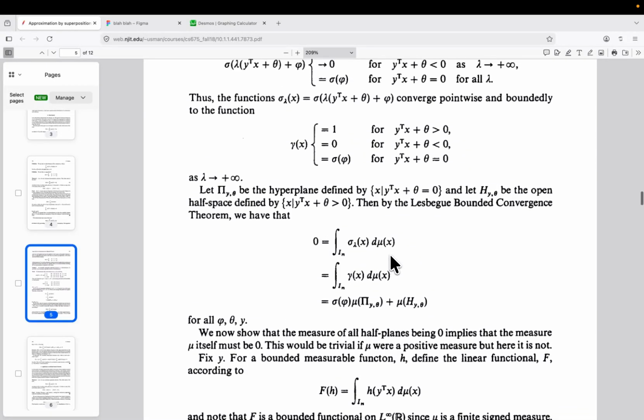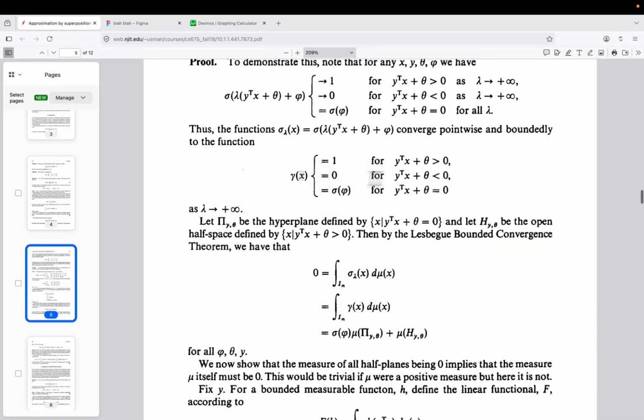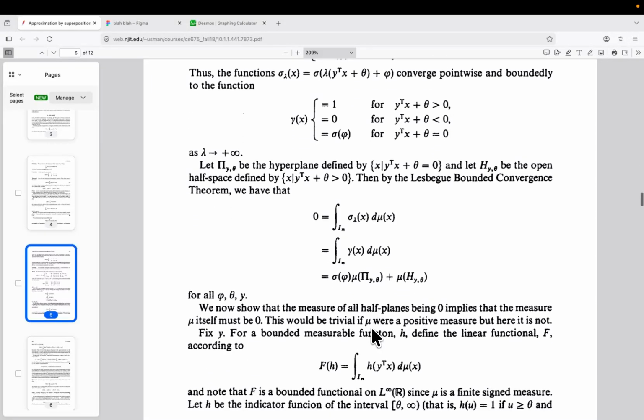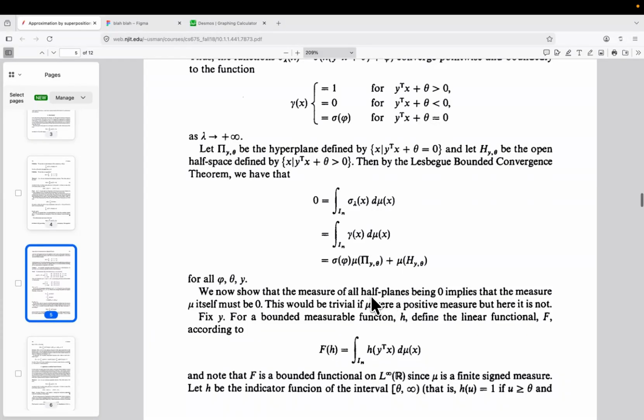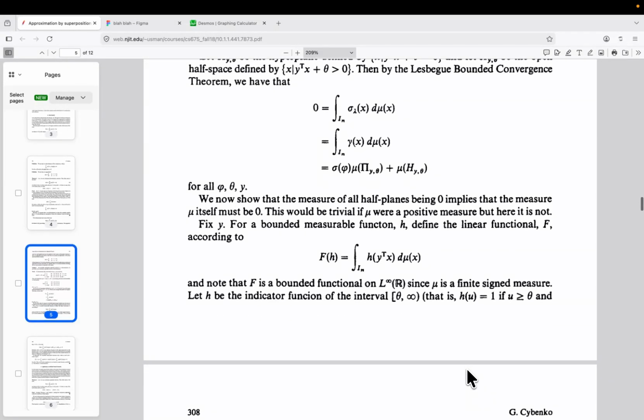Alright. He's basically saying that those functions are the same, and I don't know why we actually use this function. It's not used here. Okay, maybe for the sake of the theorem, but we get that we have this thing, and a linear functional according to that is a bounded functional since it's finite.